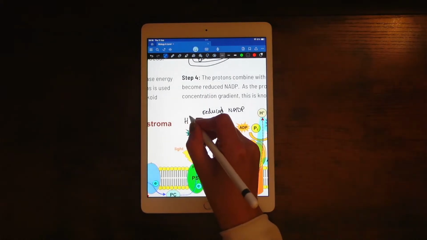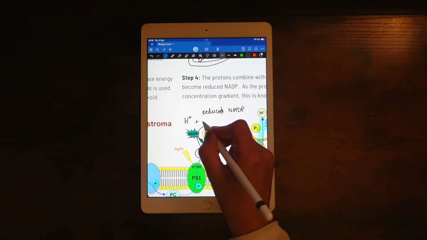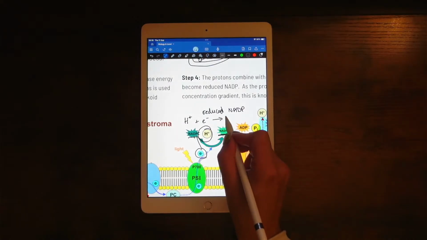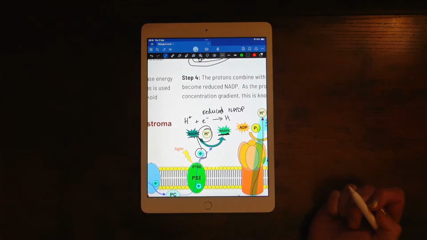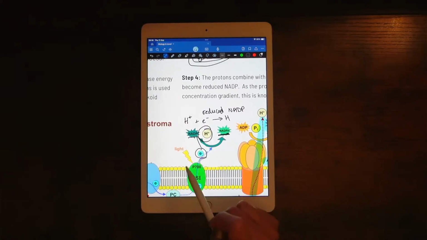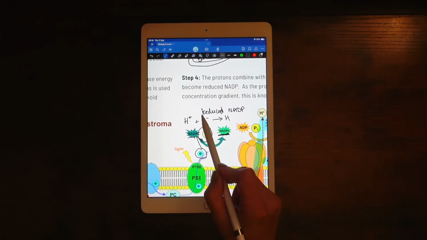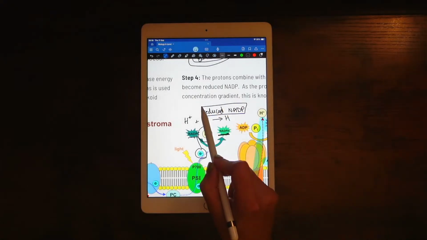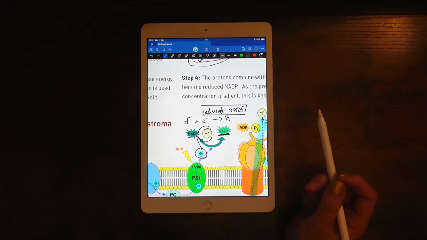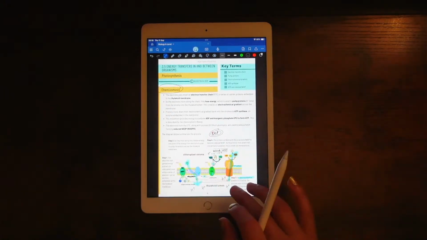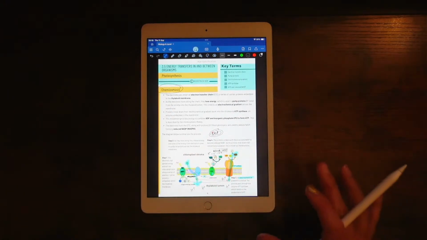If you've got a proton plus an electron, that is what a hydrogen atom is. It's a proton and an electron. So NADP gains the electron, gains the proton, and it's now NADPH, which is actually the same thing as reduced NADP. There is slightly more sophisticated chemistry to it than that, but not that you need to know for A-level biology.